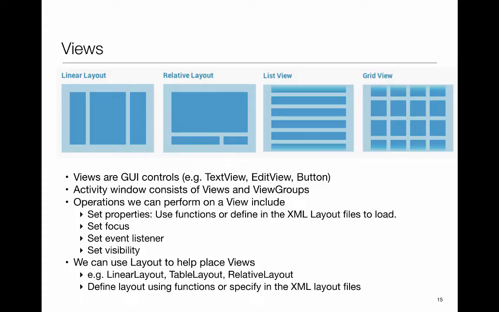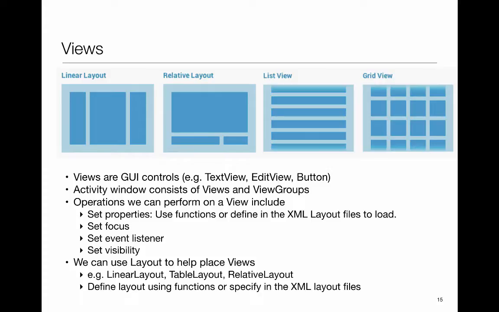Android has provided some default layouts for defining all these views, and some of them I have listed here. Like linear layout, you can list all your views in a linear fashion, either vertically or horizontally. Relative layout, you can define the relative positions of each component, each view. For example, you can say I have this big block here, and I have this small bar here, which is on the bottom of the big block.